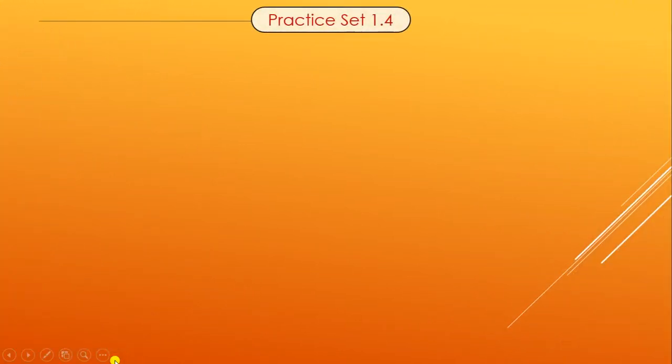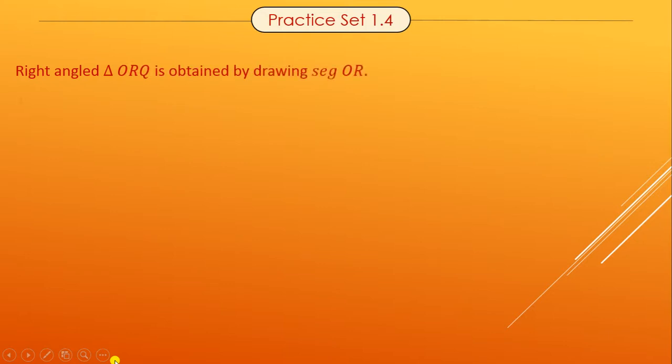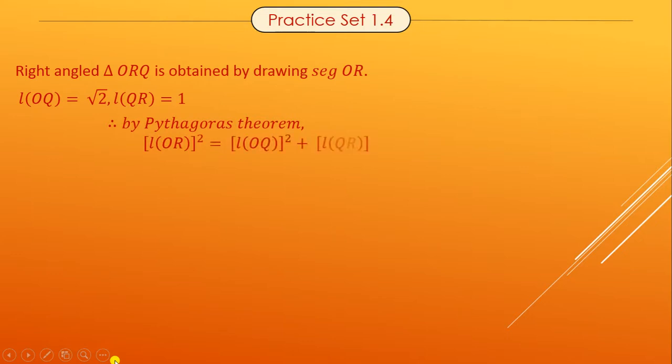We are seeing the explanation. Here triangle ORQ is a right angle triangle. So here the length of OQ is square root of 2 and QR is 1. Therefore, by Pythagoras theorem, OR square is equal to OQ square plus QR square.